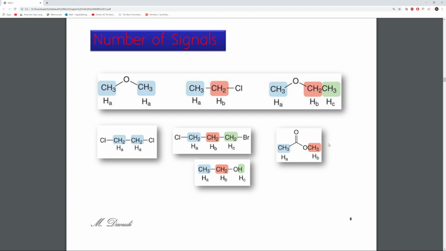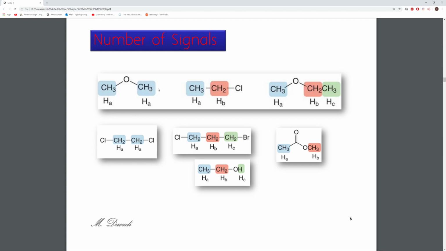If you look at this first one, both of these hydrogens are the exact same because they're both attached to, on the right, this CH3, the H's are all attached to one carbon, which is attached to one oxygen, which is attached to another carbon. And the same thing on the left, where the three hydrogens are attached to a carbon, attached to an oxygen, attached to another carbon. So they both have the exact same bonds and the same environment. That's what makes them the same.